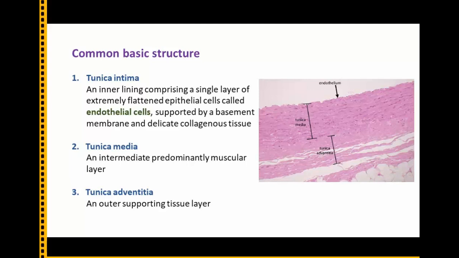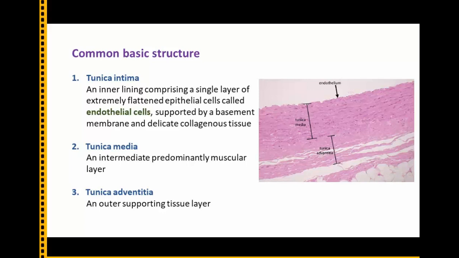It is the endothelium or the endothelial lining. Then comes the middle layer. It is the tunica media. It is mostly comprised of muscle fibers. Then comes the most superficial or outermost part. We call it the tunica adventitia. It is the supporting tissue layer. So the general arrangement is like this.